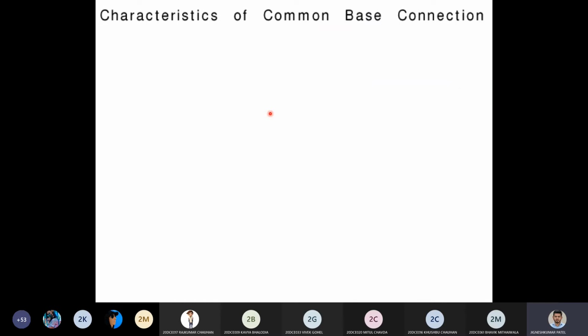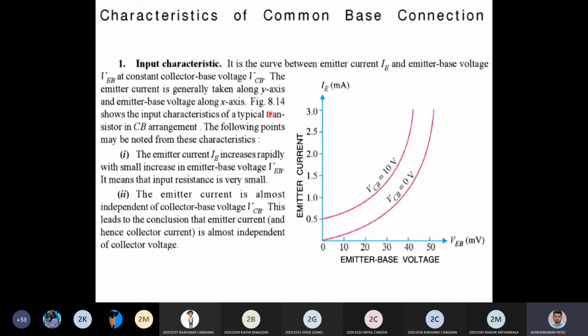Now this is the important part, the characteristic of a common base connection. We are going to plot a graph between two parameters. Which are the two parameters? Emitter base voltage and emitter current. If I change the emitter base voltage VEB, then how will my emitter current change? That's the graph.